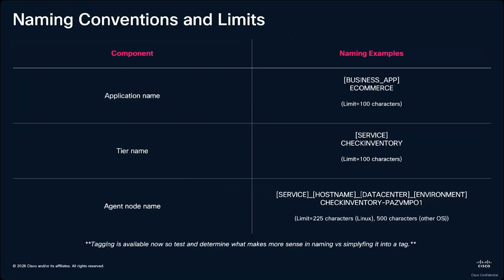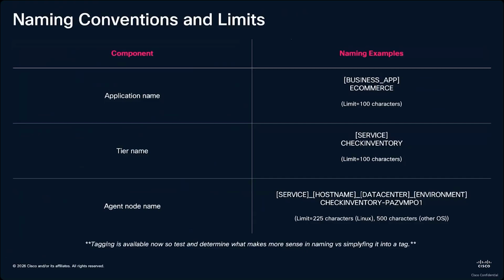So even though we're calling out the limits, I'm not telling you to overachieve and try to reach those limits, but I do recommend adding some breadcrumbs in there for you to associate what you see at a tier and node level under a business application back to what it's running in, so that it's easier for you to differentiate when you're creating dashboards and health rules, or if you're just simply trying to associate it back to what it's running in.